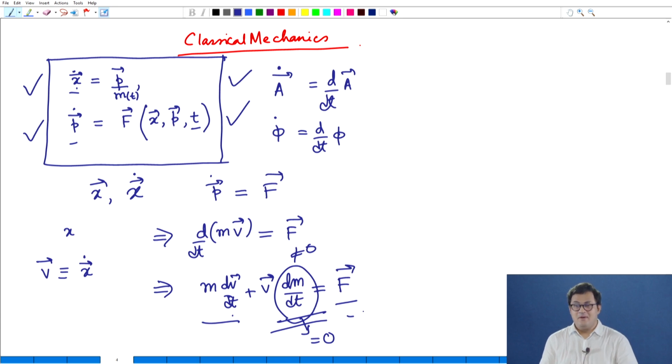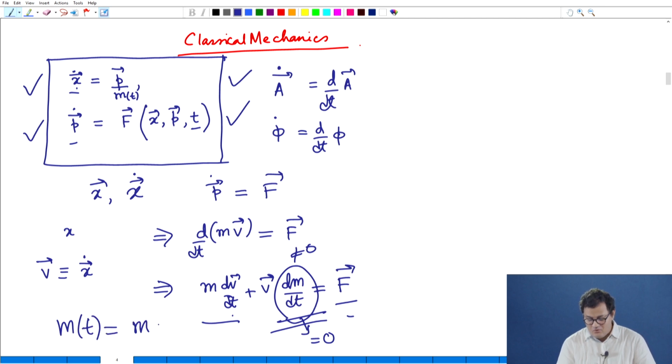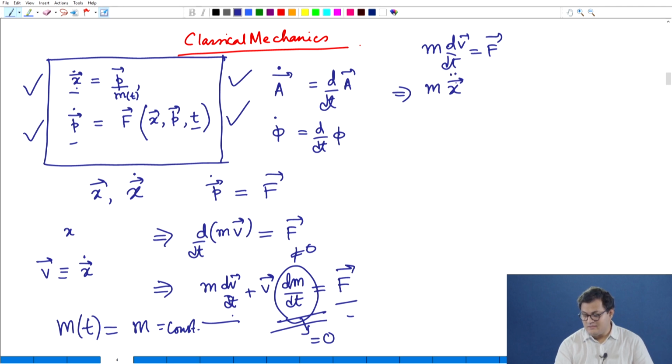Now, if your system has constant mass, so m(t) is just a constant m, then you can write m dv/dt equals f, and m x double dot, which is d/dt of x dot, will be f. Or equivalently, you can say m v dot equals f.